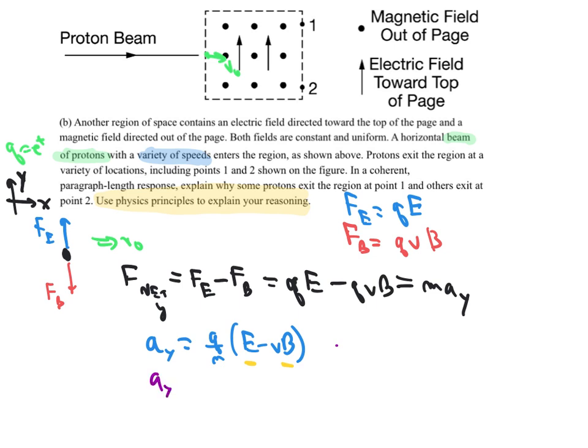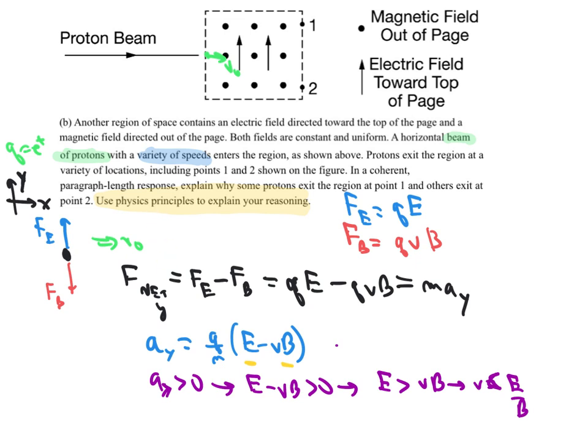So a_y greater than 0 implies E minus VB greater than 0, which implies E is greater than VB, which implies that V is less than E over B. So if the particle is moving relatively slowly, below this critical value, then it will deflect upward, at least at first.